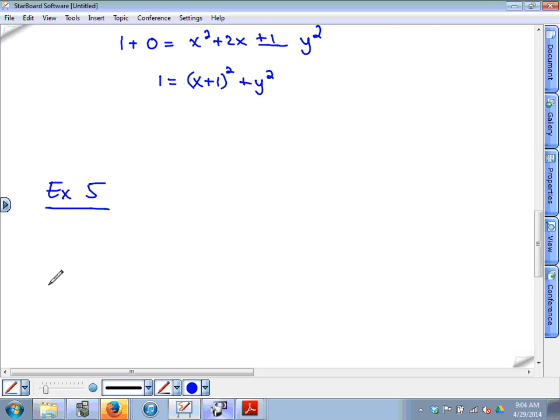Let's take the equation. And the directions are to convert to polar.